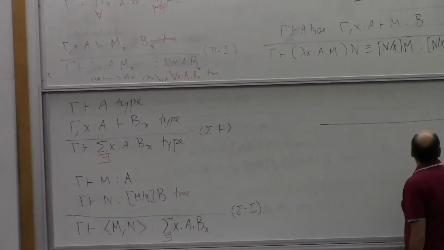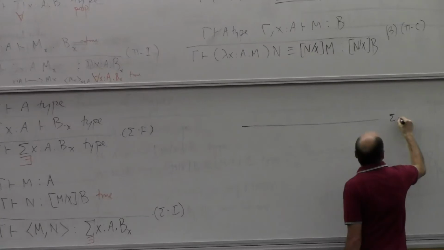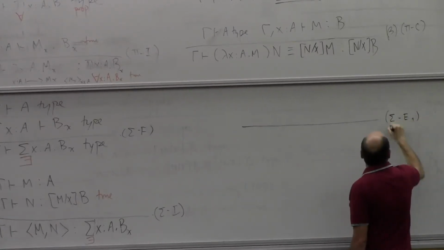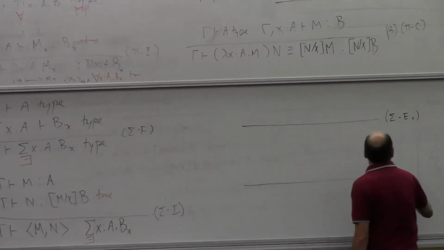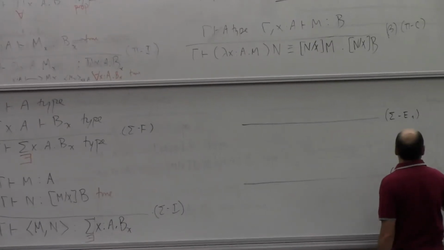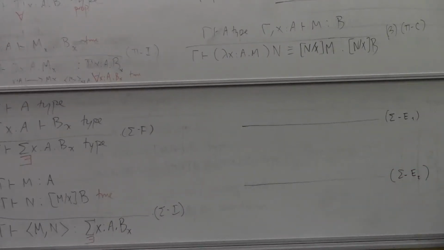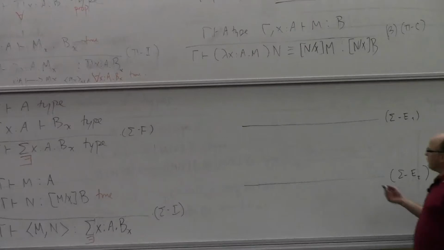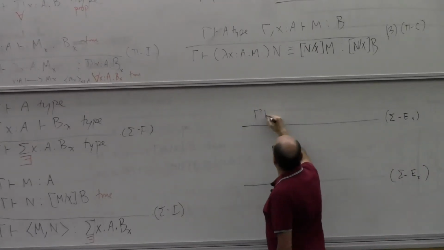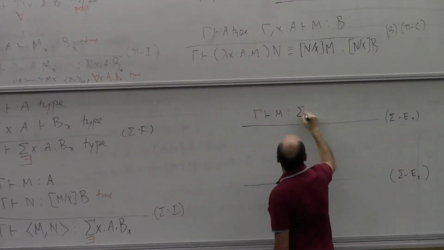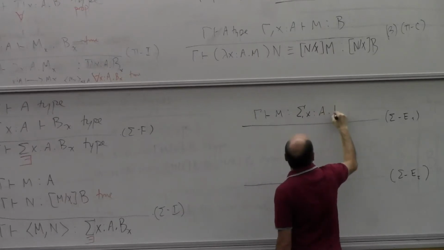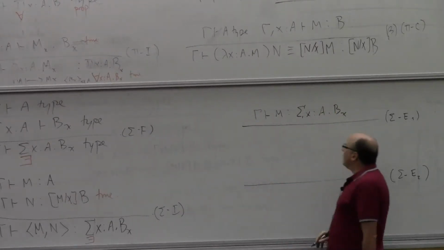Now, the correspondence starts to really break in the next two rules, which are sigma elim 1 and sigma elim 2, and then I'm going to give you an assignment. Okay. All right. So what I want to do is invert the introductory rules. I want to say, if you give me an element of the sigma type, you write it like that, what can I do with that?